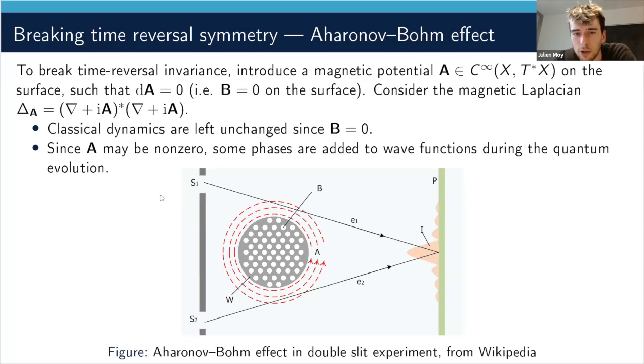However, there is a magnetic potential A that turns around, like the red arrows, that adds phases to the wave functions. And so on the screen, the interference pattern tends to be modified by the introduction of the magnetic potential, even though the classical trajectories never meet the region where B is non-zero. Okay. So, well, this exists in nature, these kinds of situations.